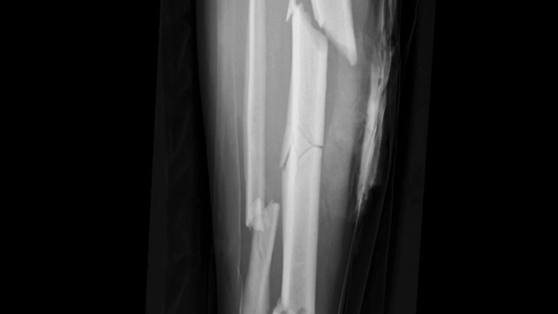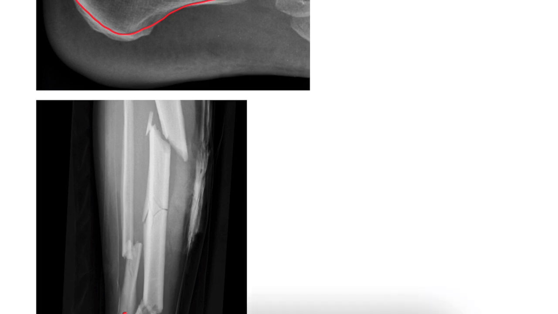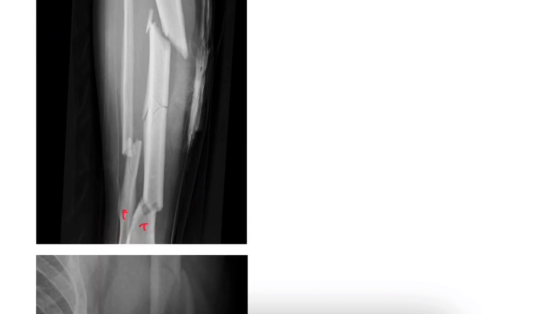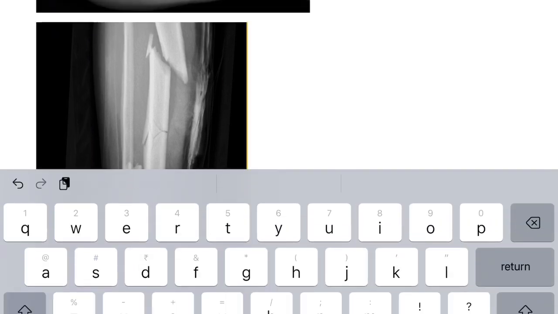Segmental means, as I told, we can see two or more fracture lines or fracture fragments, because the bones have separated in both the proximal and distal portions of the tibial and fibular shaft. So this one is a segmental fracture.